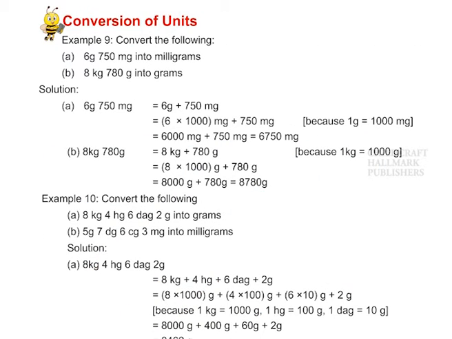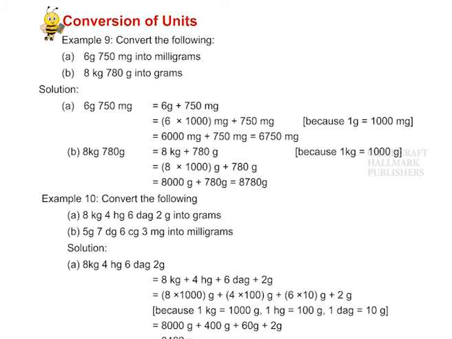Conversion of units. Example 9. Convert the following: A. 6 grams 750 milligrams into milligrams. B. 8 kilograms 780 grams into grams.